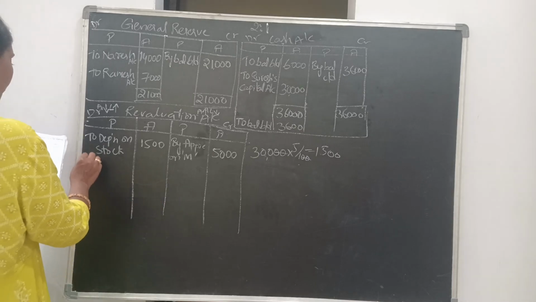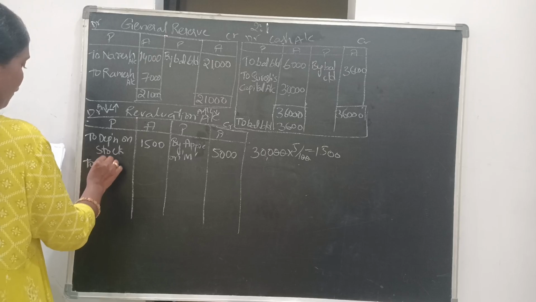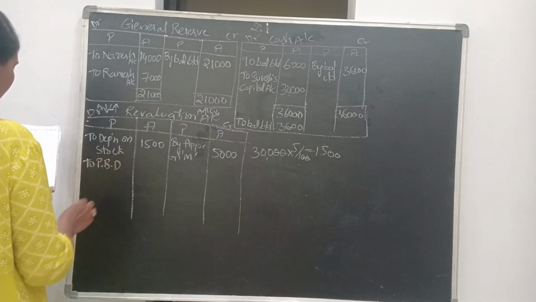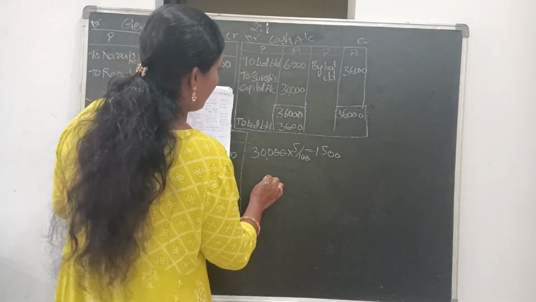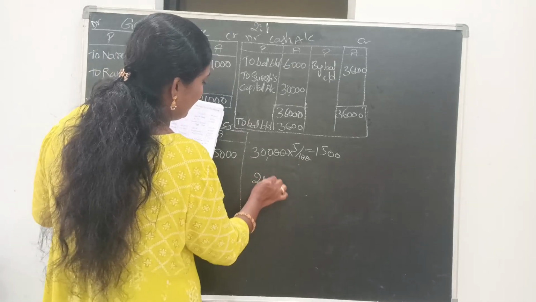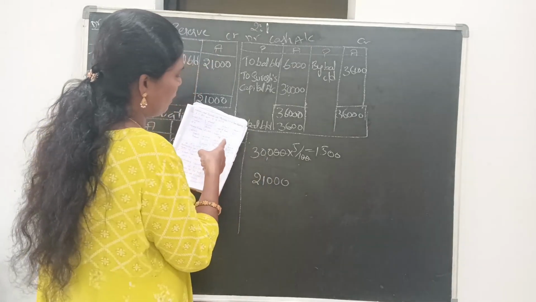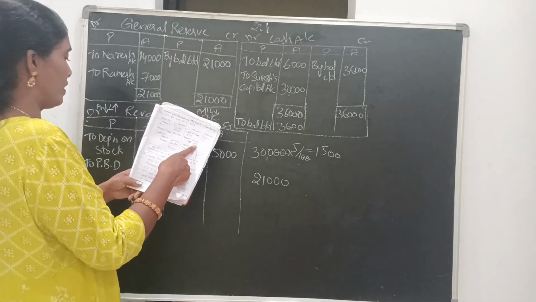Next, coming to provision for bad debts. I am writing in short form, 8% on debtors. So what is the value of debtors? 21,000, and minus 1,000 is a provision. So already a provision is there, 1,000.